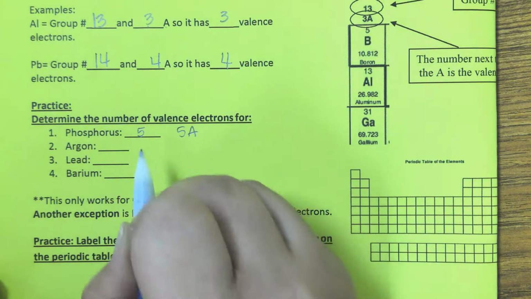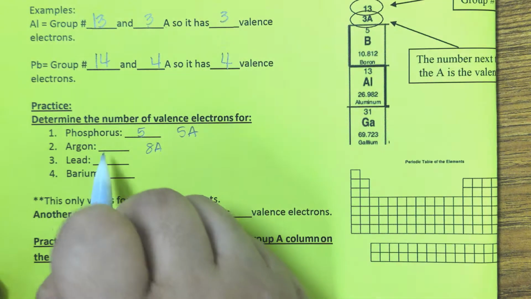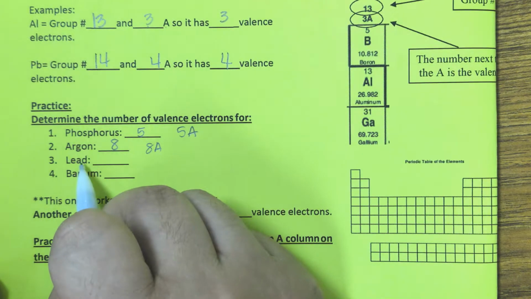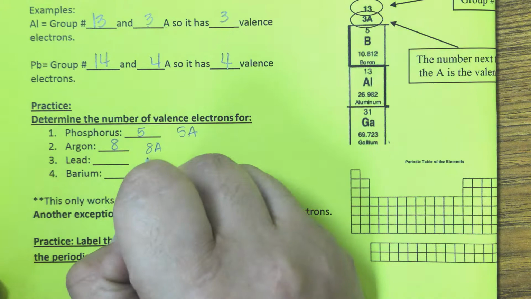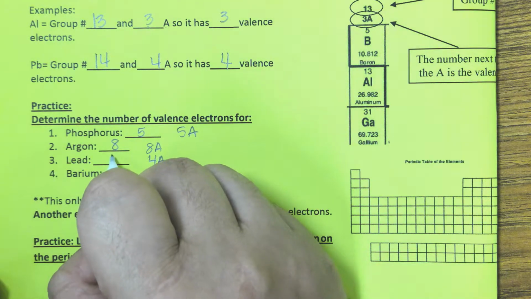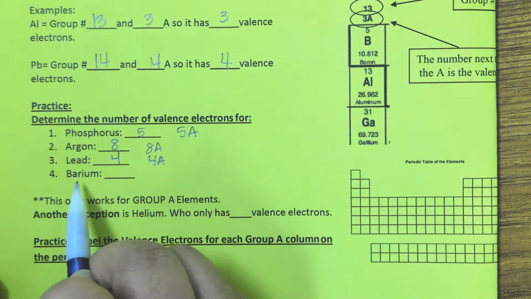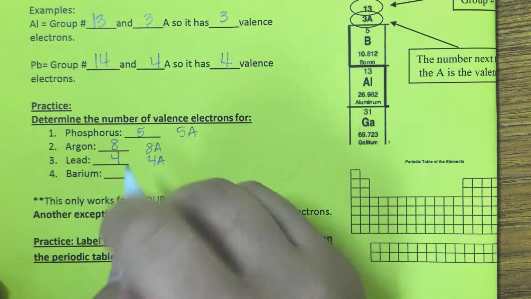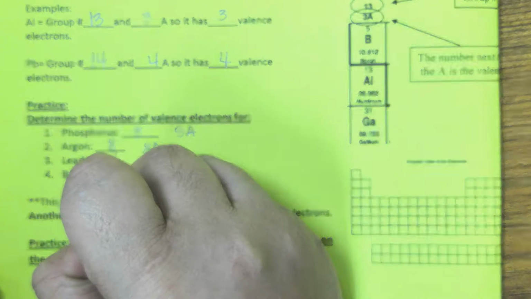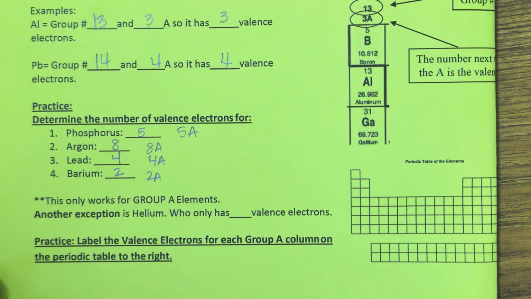Argon is in group 8A, so it would have 8 valence electrons. Lead is in group 4A, so we have 4 valence electrons. And lastly, barium is in group 2A on your periodic table, so we have 2 valence electrons.